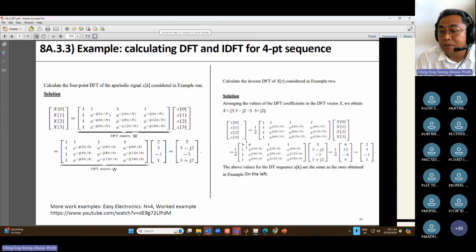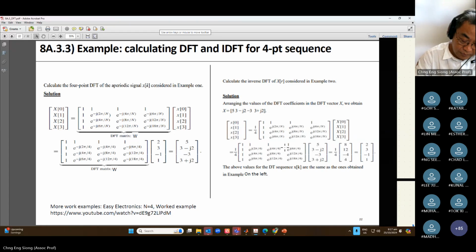I'm now going to draw and interpret the second column. Once I have finished interpreting the second and third, then you understand how to draw any W matrix. So this was for k equals 0, and now k equals 1.